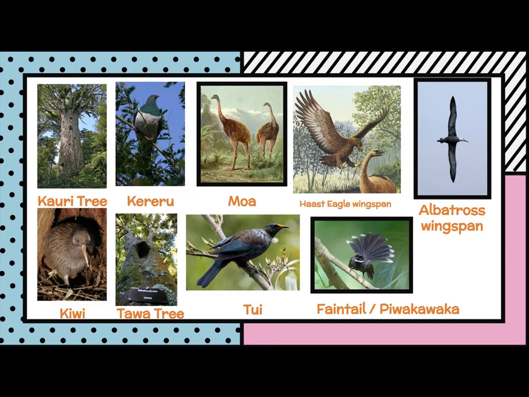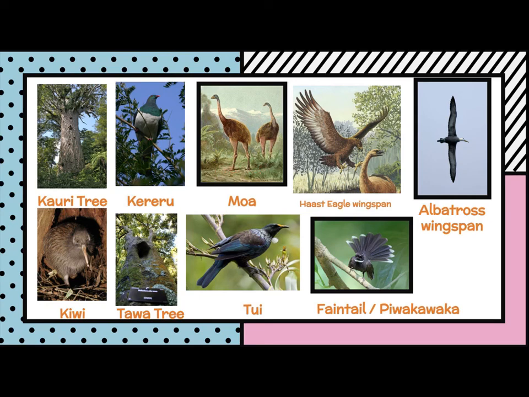So just a little clarification, the albatross wingspan, you'll be estimating the length of an albatross. And also the Haast eagle wingspan, and just to give you a hint of how big this is, a moa, which we all know is really massive.